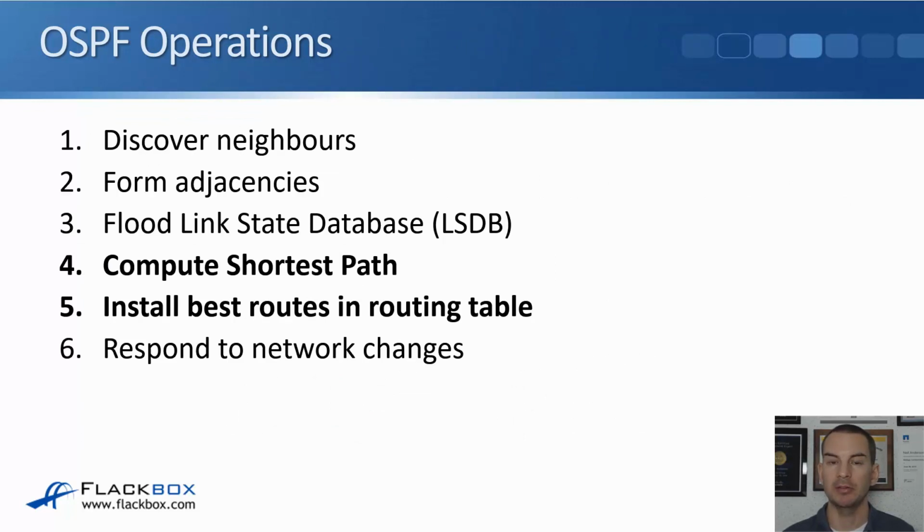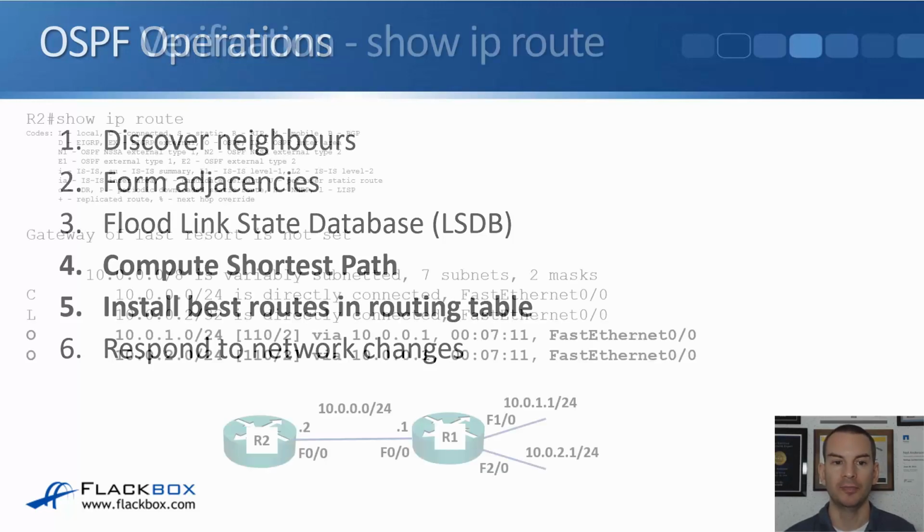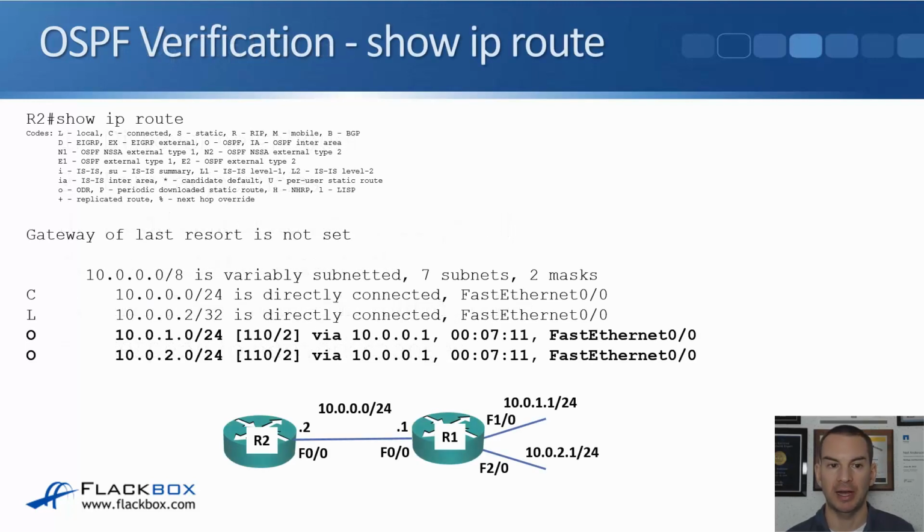The next thing that happens is the routers will look at all the available possible paths and they will decide which is the best path using the shortest path first algorithm and put that best path into the routing table. So next command to verify is show IP route and check that you've got OSPF routes in the routing table.